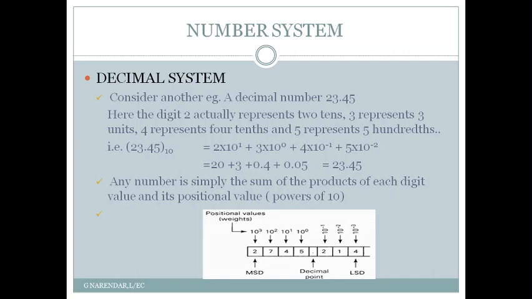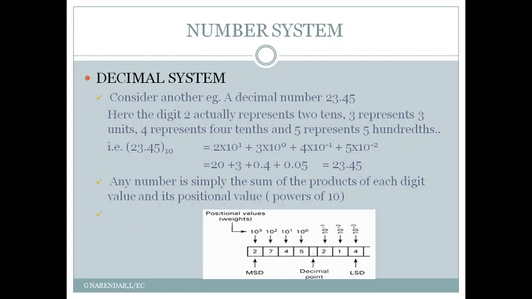To the left of the decimal point, the first position to the left of the decimal point has the position value 10 power 0, and the next position to the left has the position value 10 power 1, and the next position to the left has position value of 10 power 2, and the next position to the left has position value of 10 power 3, and so on.